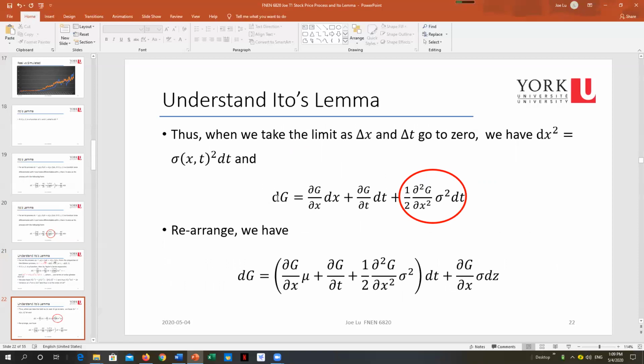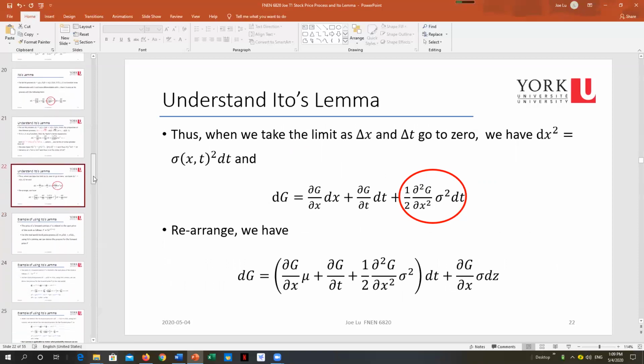So in case you don't remember, you can always derive it. As long as you know how to do a Taylor series expansion and drop higher order terms, you will be able to recover the form of Ito's lemma. Okay, so let's stop here.